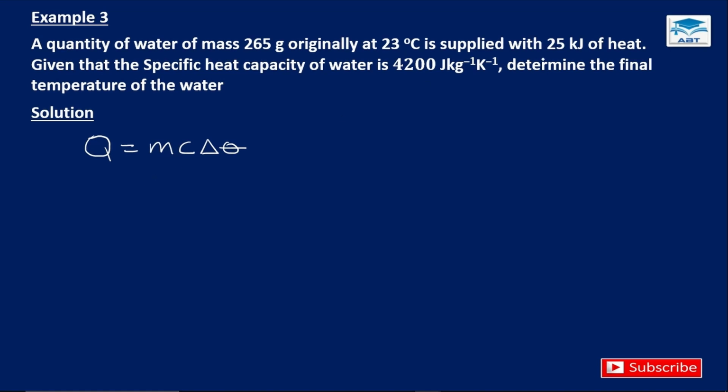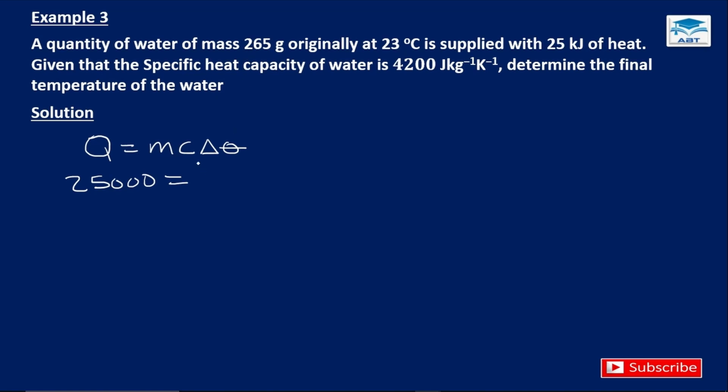But the quantity of heat here is 25 kilojoules. Kilo means 1,000, so the quantity of heat will be 25,000 joules. So we replace Q with 25,000 joules. The mass is 265 grams, but looking at the units, we have kilograms here. So we have to change the mass to kilograms before we use it in the formula.